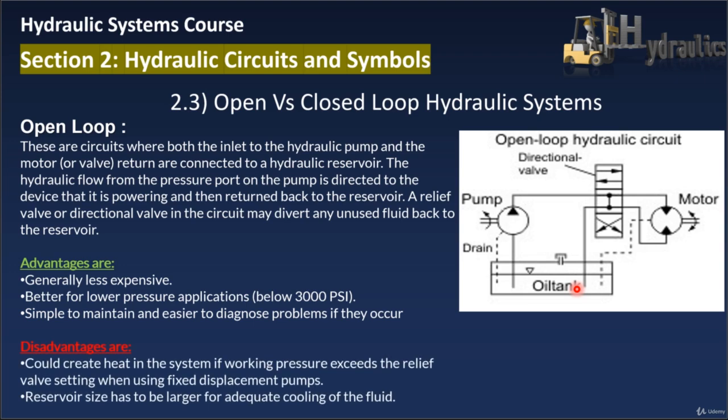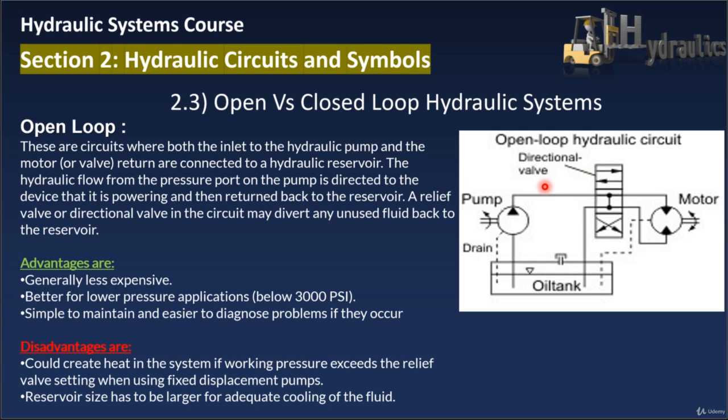The disadvantage of open loop circuits is that they could create heat in the system if working pressure exceeds the relief valve settings when using a fixed displacement pump. If the pump used in the hydraulic system is of a fixed displacement type, then there is a chance of heat generation if the pressure exceeds the relief valve settings.